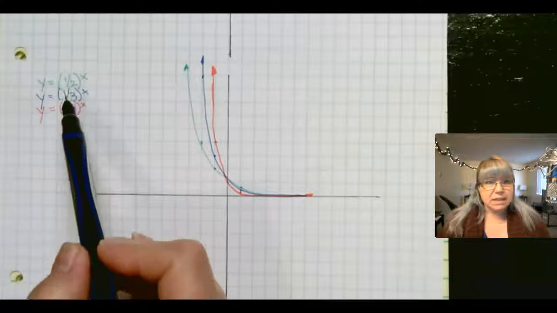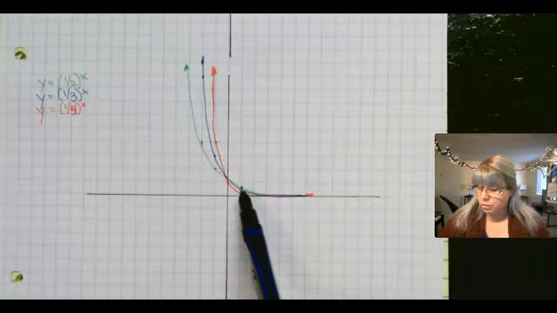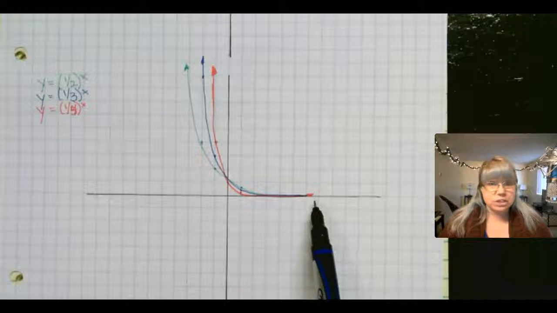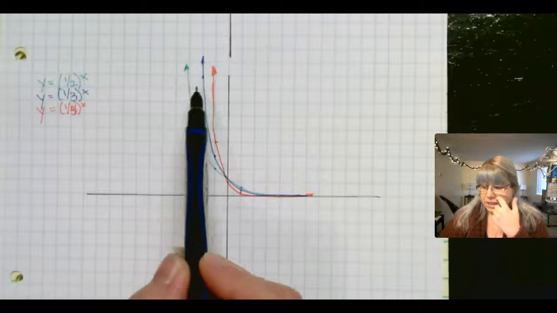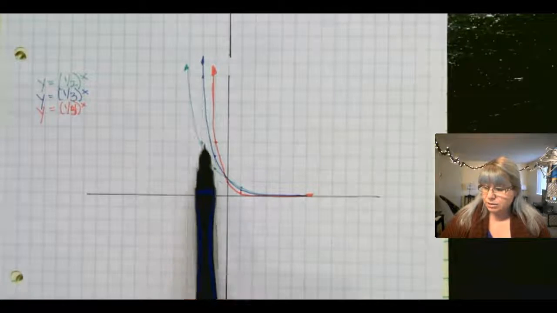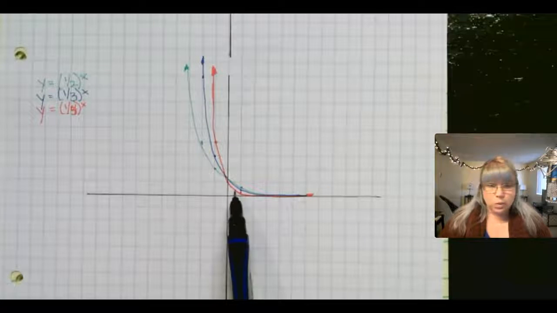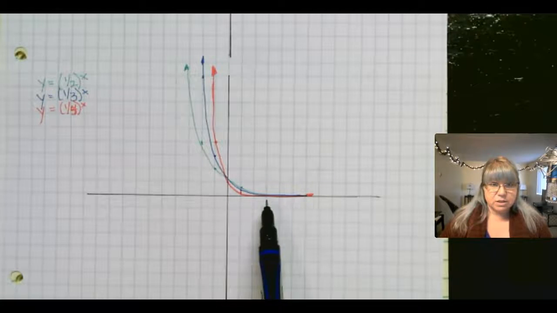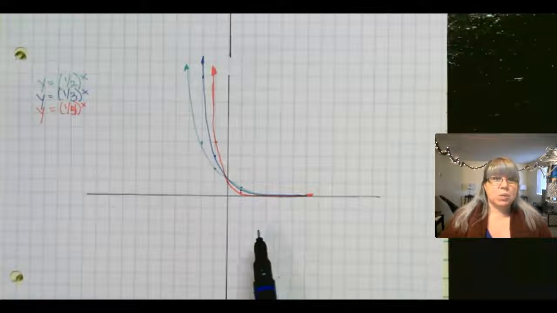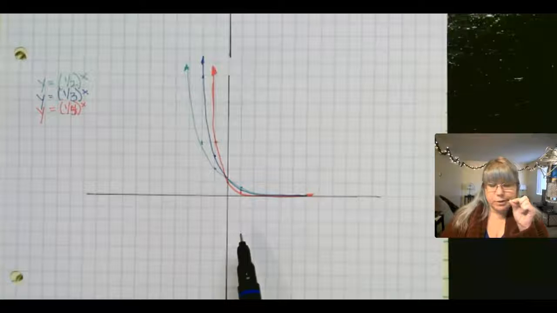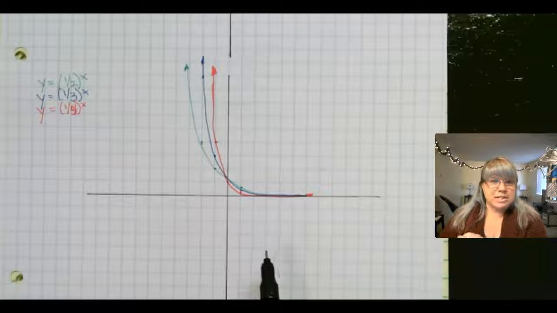So 1/2 is larger than 1/3, so it takes us a little bit longer. We're a little bit higher here, but we will eventually get there. 1/3 is smaller than 1/2, so it gets there a little bit faster. And 1/4, you see, we dip down pretty quickly here to get down to 0. So we get smaller faster because we started out as a smaller number. So it didn't take us as long to get really super close to 0.